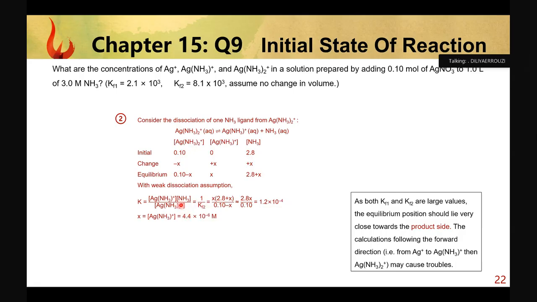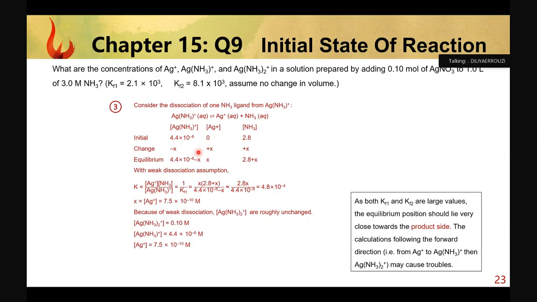Note that this is the opposite of the Kf2, because we are considering the dissociation, not the reaction itself. So it is the reciprocal of the Kf2, and we bring it into this and calculate X, which is equal to the concentration of silver ammonia.